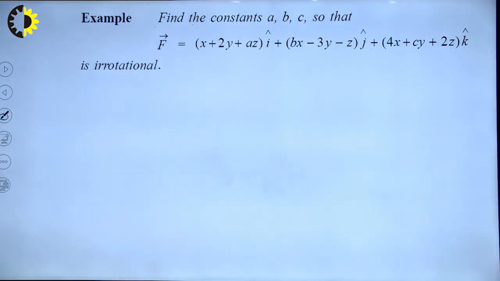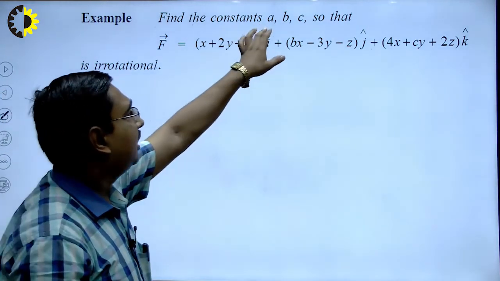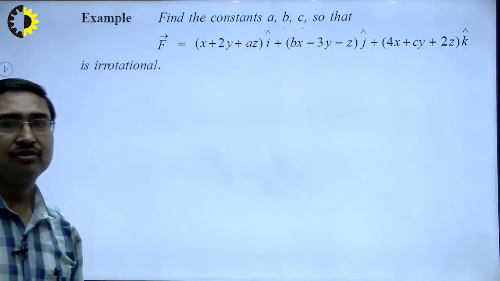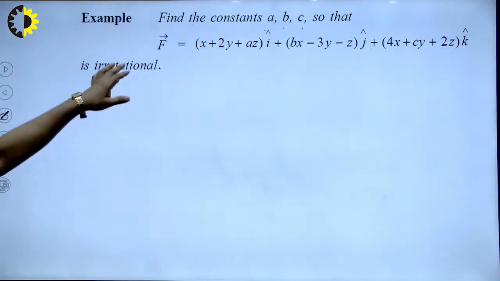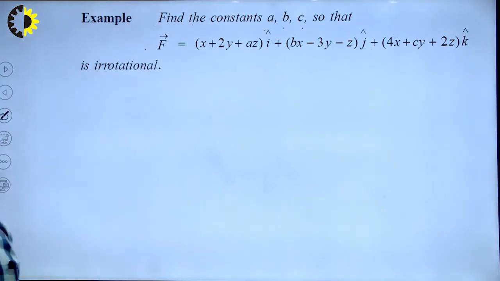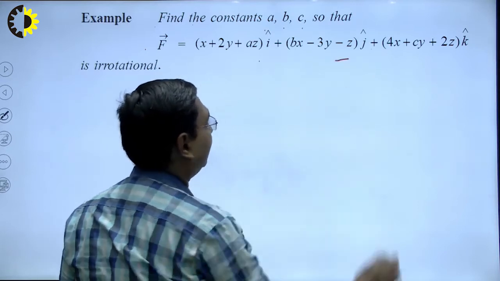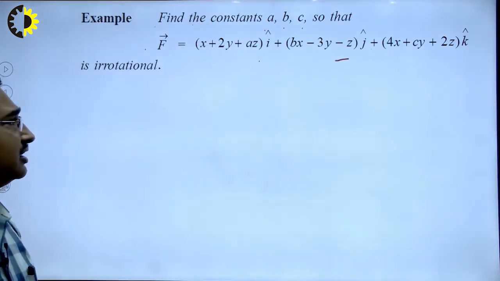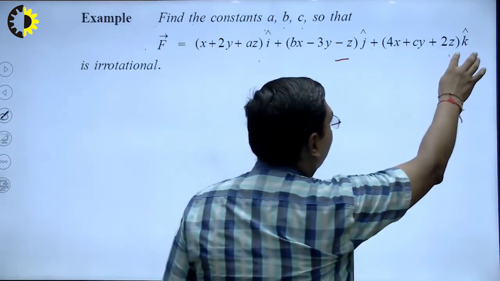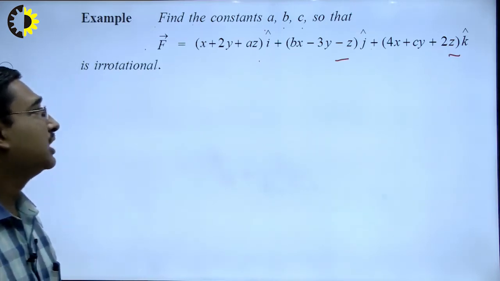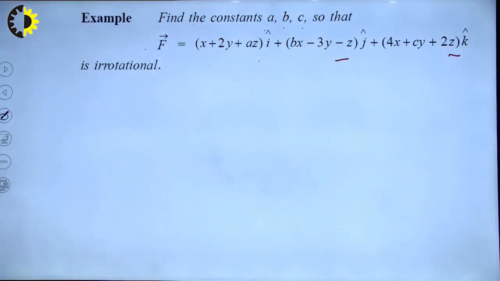Example says, find the constants a, b and c, of course these are scalars, so that this vector f, (x plus 2y plus az) i cap plus (bx minus 3y minus z) j cap plus (4x plus cy plus 2z) k cap is irrotational.